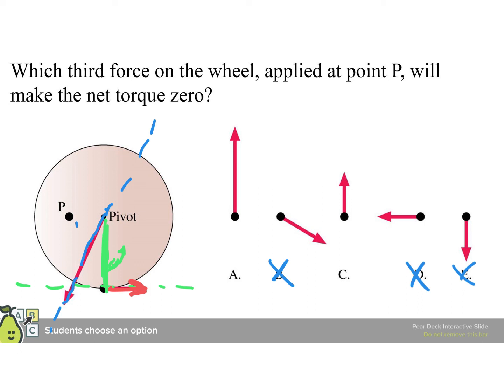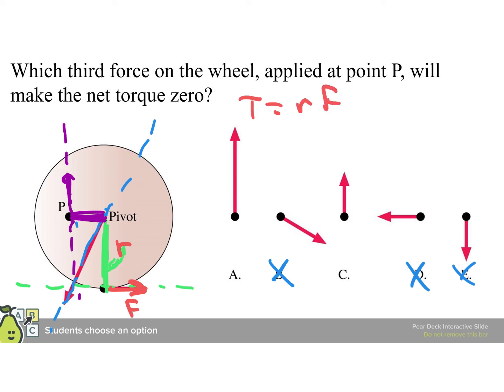And here we come back to the other idea with A and C, which is that if I put a force this way, I get the correct direction because the moment arm looks like this, which would tend to spin that way, which is the opposite way. So that's the correct direction. But then we have to worry about the size. And if we call this one F at a distance R, with a moment arm R, then the tau of that one is RF.